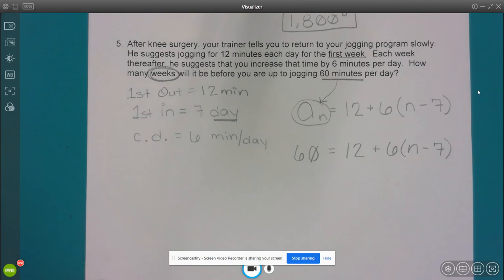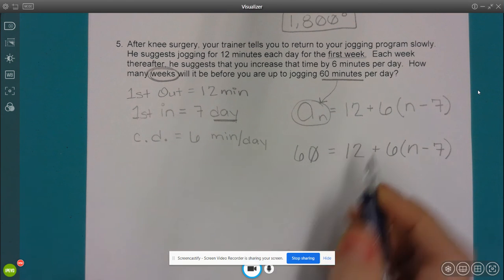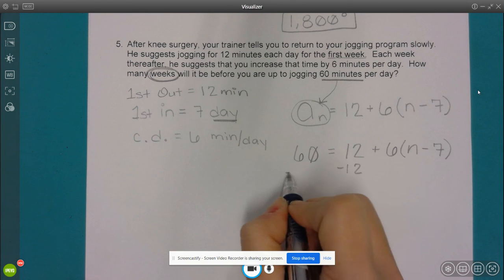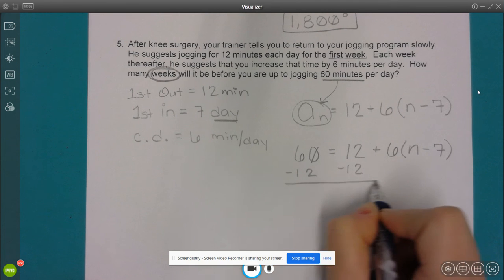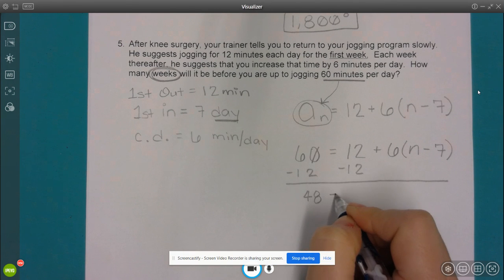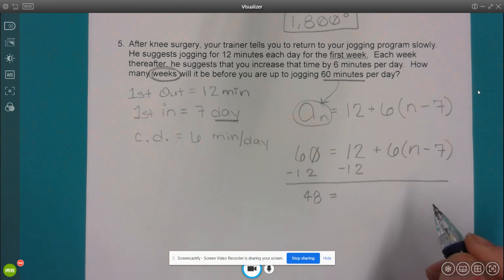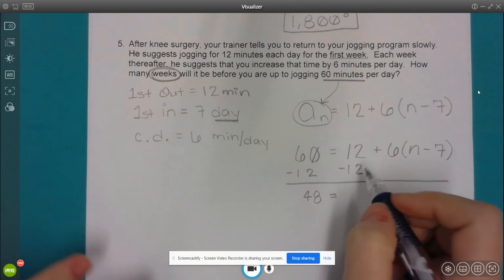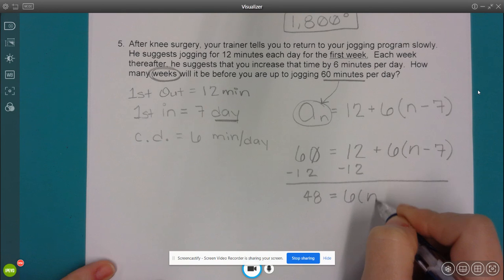So when we get our answer for n, we're not done. So I'm going to subtract 12 from both sides. This gives me 48 being equal to 6 times n minus 7.